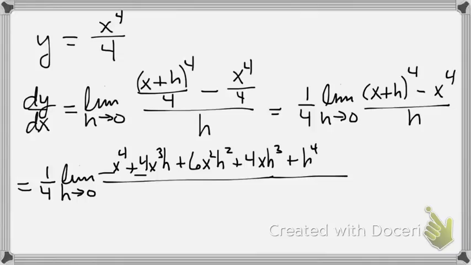So there's your 1, 4, 6, 4, 1. You have x fourth, x cubed, x squared, x, no x. You have no h, h squared, h cubed, h to the fourth, right? Now that was all just this component here. So we still have minus x to the fourth, and it's still over h.